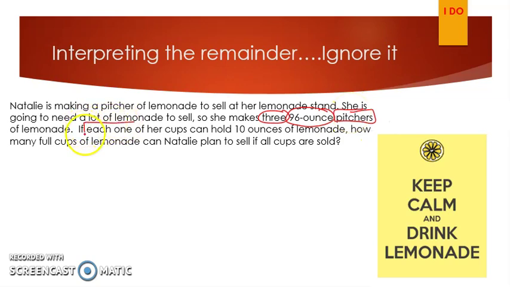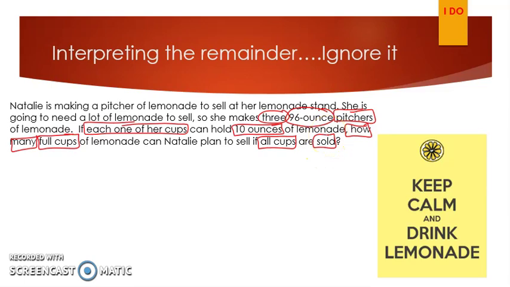If each one of her cups can hold 10 ounces of lemonade, we want to know how many full cups, okay, keyword, full cups of lemonade can Natalie plan to sell if all cups are sold.